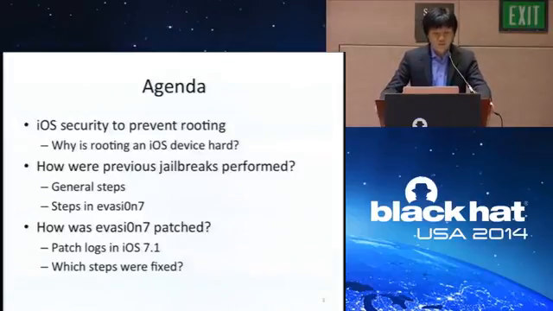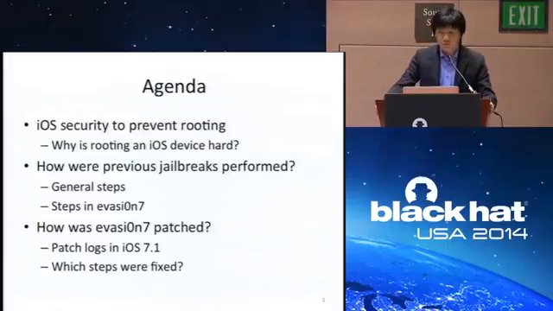First, I am going to talk about iOS security. We are going to answer the question of why rooting an iOS device is hard. And then we are going to look at how previous jailbreaks were performed. We're going to derive general steps and learn the general criteria that need to be fulfilled in order for something to be called a jailbreak.